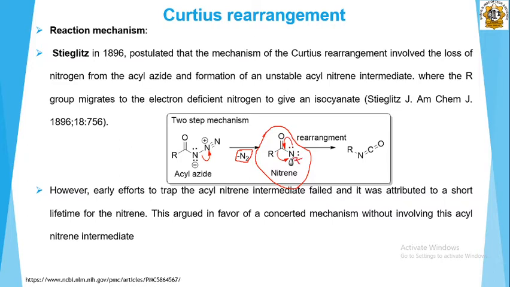To fulfill the valency, this R group migrates from this carbon to this nitrogen. That's why it forms an isocyanate intermediate. This isocyanate is very reactive and can react with any nucleophile, say water, alcohols, amines. So you will get nucleophile addition here, and this oxygen will go out.